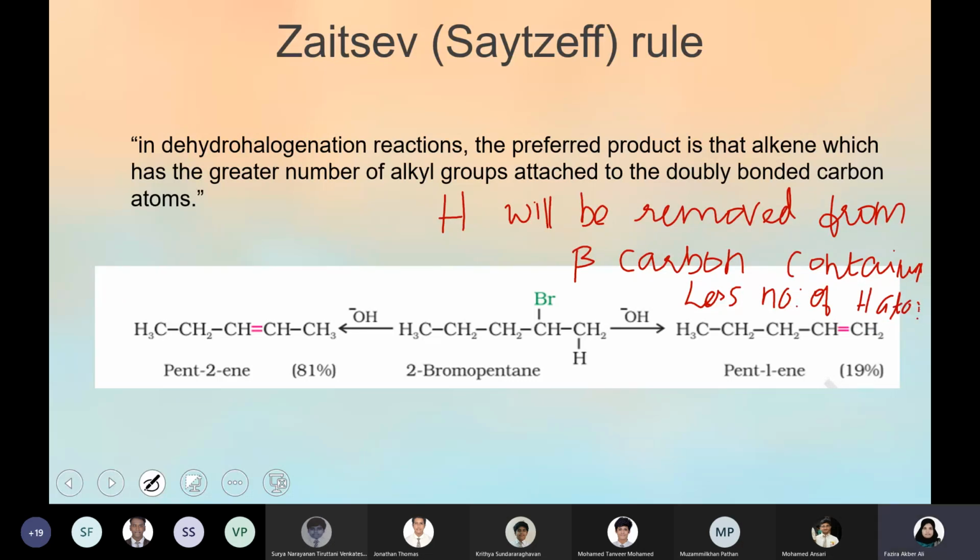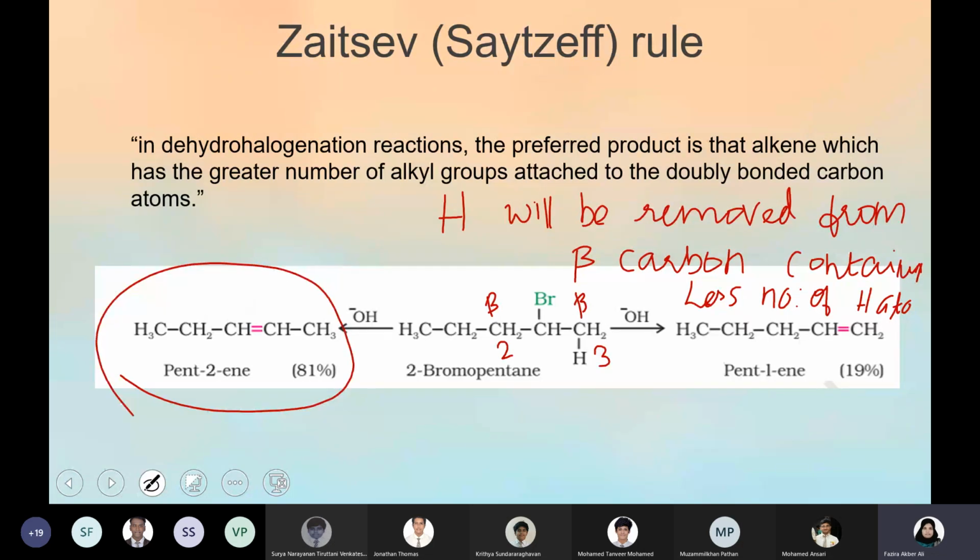So here when you look at this carbon, there are 2 hydrogens. Here you have 3 hydrogens. This is a beta carbon and this is also a beta carbon. One side you have 2, the other side you have 3. So when you analyze, the hydrogen on the carbon with less number of hydrogens will be removed and that will be your major product.